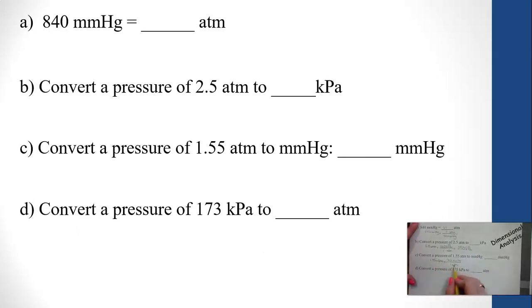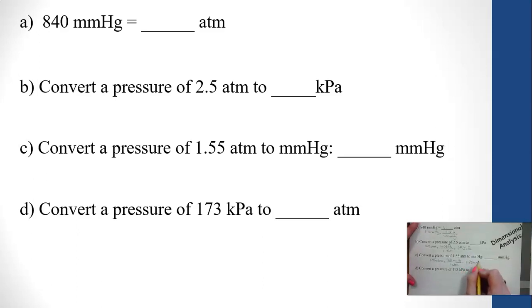Atmospheres cancel. Multiply 1.55 times 760. And 1178. So I can have 3 sig figs. So what are you going to round? What do you think we'll round that to? 1180. Why? There's 1, 2, 3 sig figs. The 8 rounds it up. So it doesn't round to 118, silly. It rounds up to 1,180.